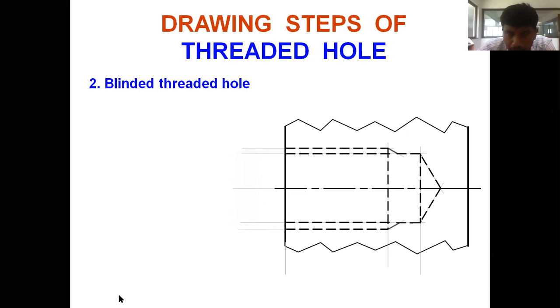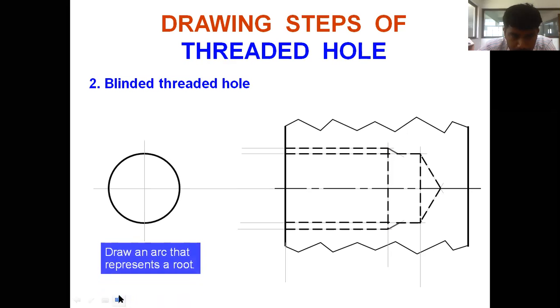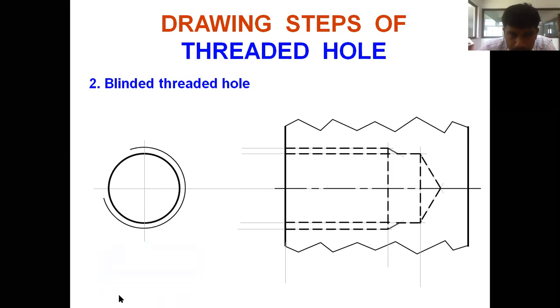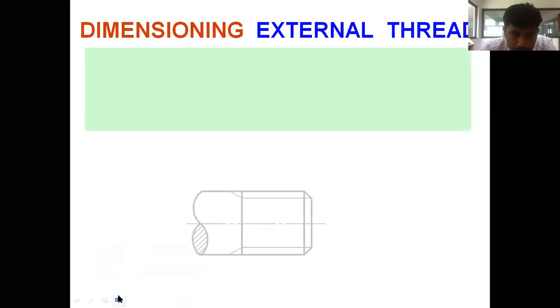This is the blind threaded hole. How is it represented in the side view? Draw a circle that represents the crest and an arc that represents the root. Internally, it also becomes an internal thread. This is the sectional view.